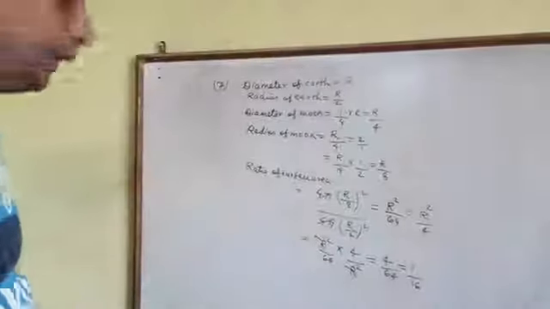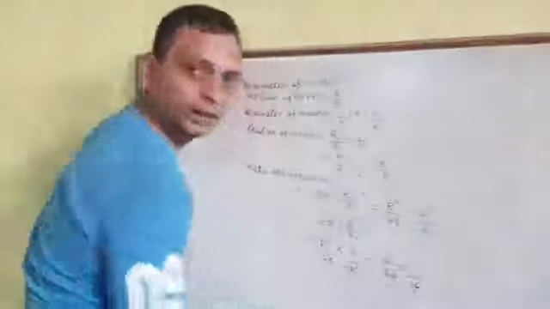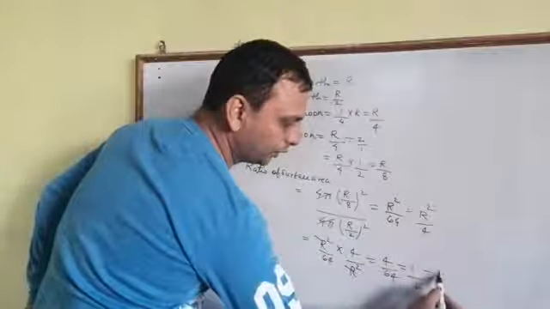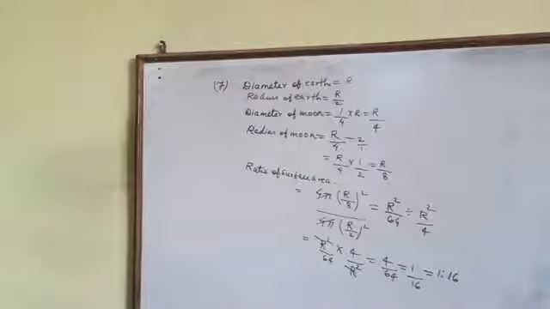So 1 upon 16 is the ratio, the answer. You can see 1 upon 16 is the ratio. So question number 7 is completed.